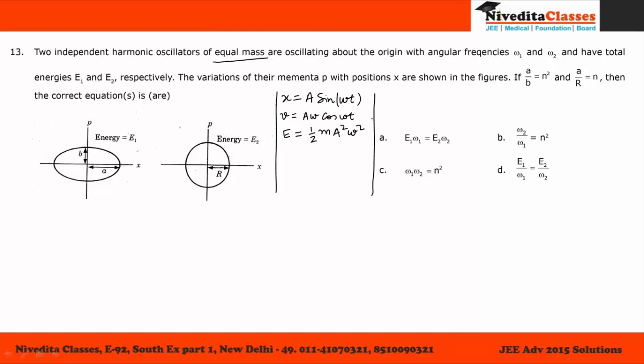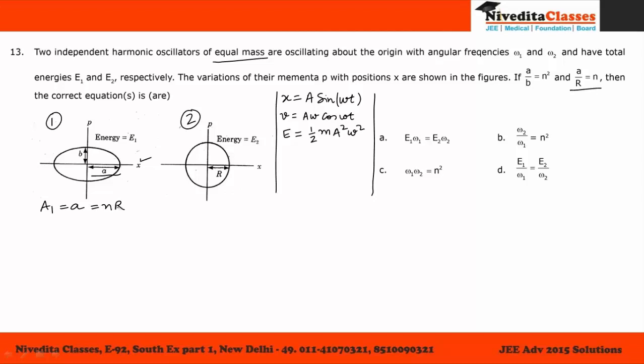Now let's consider this as case 1 and this as case 2. First consider case 1. In this, the displacement amplitude of x is A, so the amplitude A1 for case 1 is equal to A, and from the graph we know that A is equal to nR.